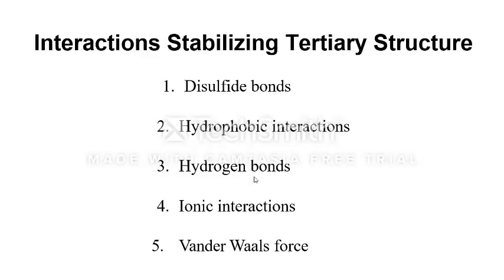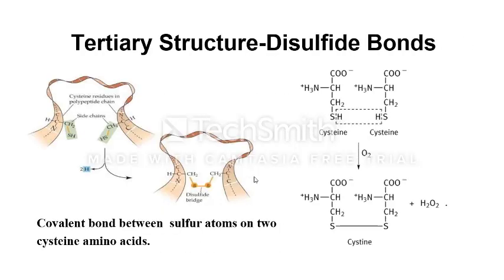Interactions that stabilize tertiary structure are disulfide bonds, hydrophobic interactions, hydrogen bonds, ionic interactions, van der Waals forces, and hydrophilic interactions. So here you see the tertiary structure, disulfide bonds, when they are formed. As I told you, the cysteine residues are important because they have an SH group attached.